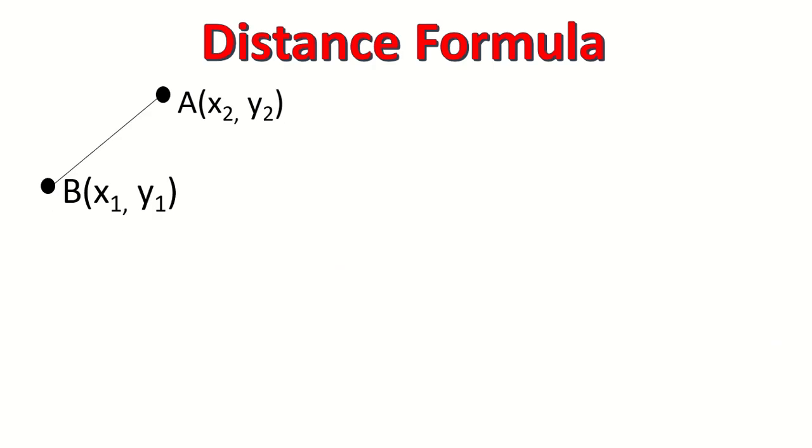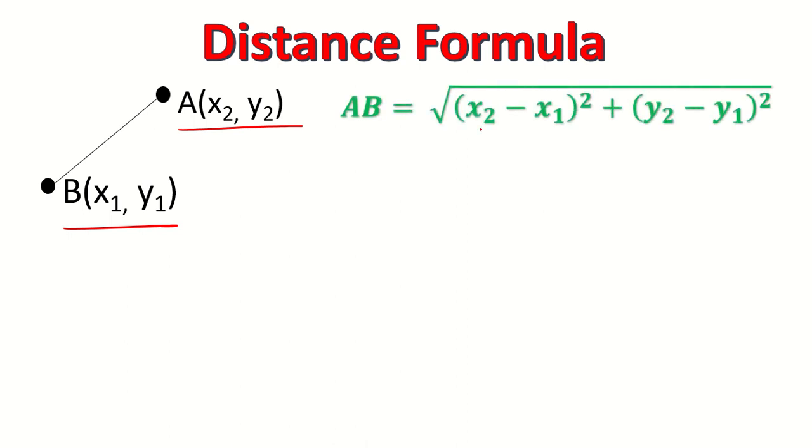Now let's talk about the basic thing of coordinate geometry, which is very important for you: the distance formula. What is the distance between A (x2, y2) and B (x1, y1)? These are the 2 points, and the distance between them is given by the formula: square root of (x2 minus x1) whole square plus (y2 minus y1) whole square.